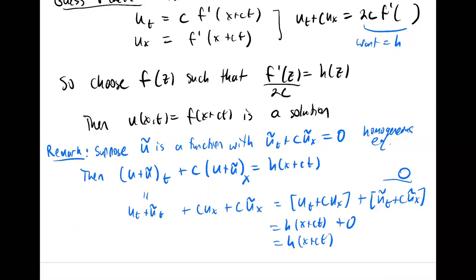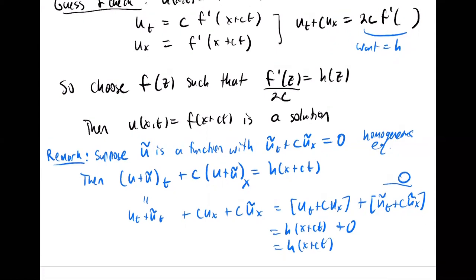And so it turns out that the general solution is going to be found by basically adding a solution to the homogeneous equation to the solution that we just found, right? And so, well, we know how to solve the homogeneous equation, just because, again, we spent the second lecture discussing these methods.